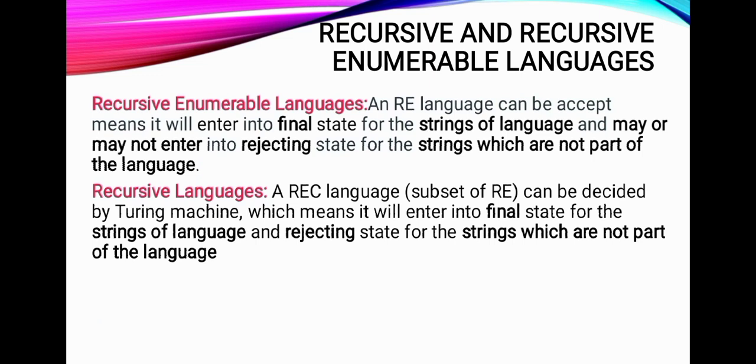But in the case of a recursively enumerable language, it only halts for input strings which are in the language. So we can say that a recursive language is a subset of a recursively enumerable language as shown in this figure. That is, every recursive language is a recursively enumerable language, but not vice versa.